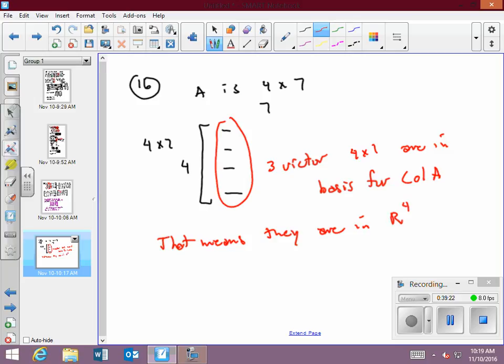Therefore the column space of A cannot be in R3, because there are more entries in each vector than 3. There's 4. So they have to be in R4 space.